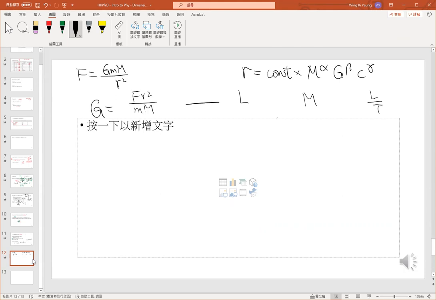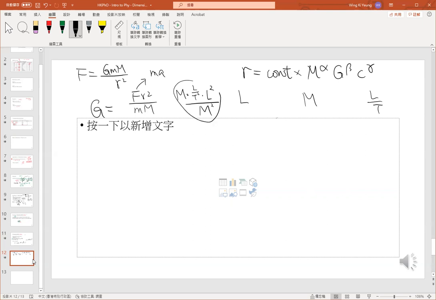So r is length, so r squared has a dimension of length squared, and the denominator is mass times mass, so it's mass squared. Then I further break down the force by using the formula F equals m a. M has the dimension of mass, and a is the acceleration, which has the dimension of length over time squared.